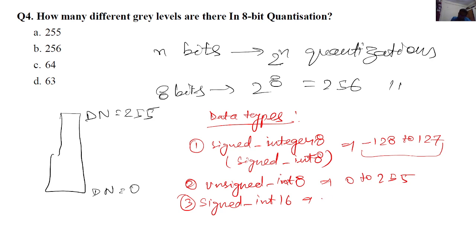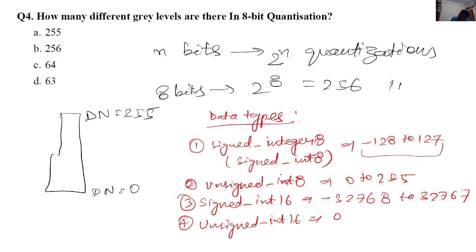It will range from minus 32768 to 32767, and the fourth one may be unsigned int 16, which will be 0 to 65535. So that's the variability basically. You can change the number of bits. You can have an 11-bit product also, by the way. Only the numbers would change.